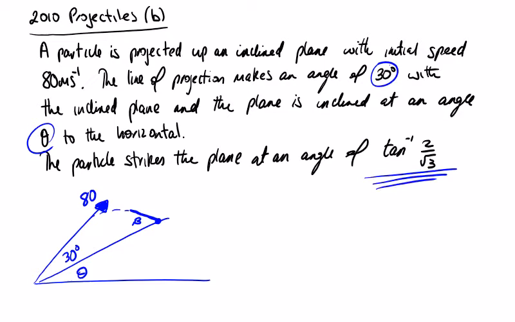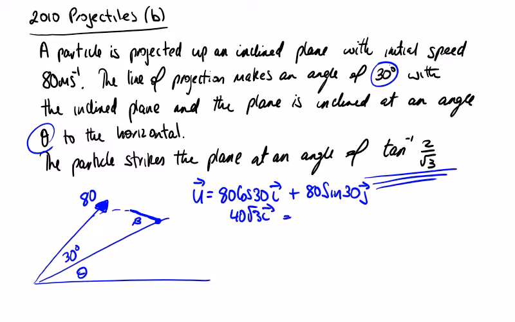So if we look at our initial velocity vector, we are going to have 80 cos 30 times i plus 80 sine 30 times j. Cos 30 is root 3 over 2, so 80 divided by 2 is 40, so 40 root 3 i, and the sine of 30 is a half, so plus 40j. We're up the incline, so we have accelerations involved here for both.